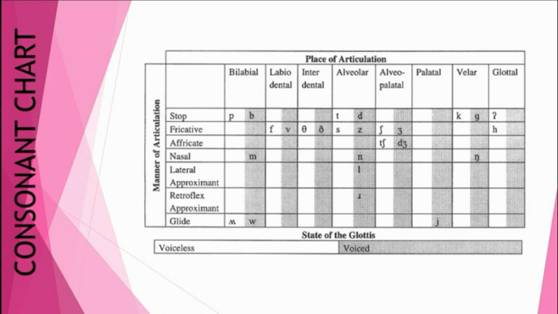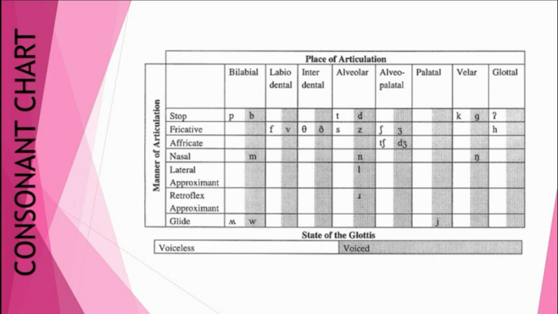And then to the left hand side you have manner of articulation, where stop and plosive are the same. So you have stop or plosive, fricative, affricate, nasal, lateral approximants, retroflex approximants, and glide.